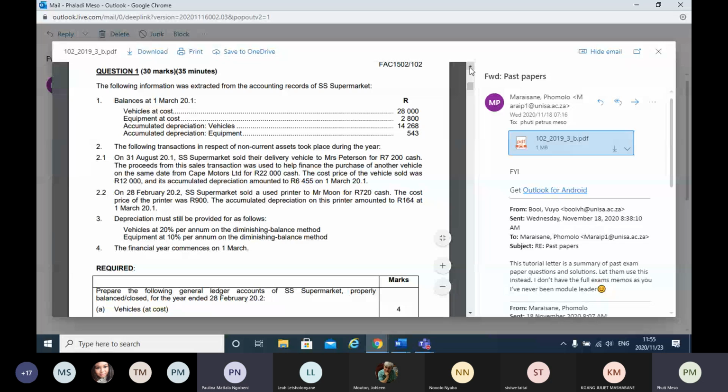Look at the date, because for you to establish the accumulated depreciation, it has to be from prior years, before the current financial period. If you're given the cost in the current financial period, don't bother about the accumulated depreciation. You can just say my accumulated depreciation is nil, because it's not given. Sometimes they do it intentionally to test if you understand the principle effectively.